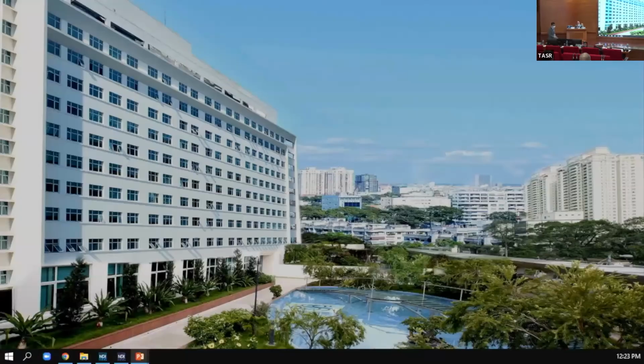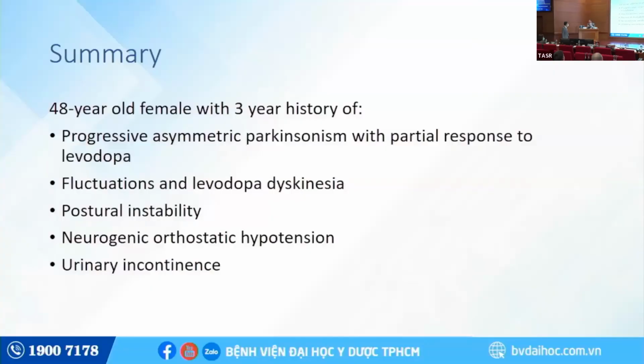For everything, in summary for this patient, the patient is young onset with Parkinsonism and with a lot of symptoms, for example, fluctuation and levodopa dyskinesia, postural instability, responds partly to levodopa, and especially the patient has nocturnal stridor, which is a typical sign of MSA.